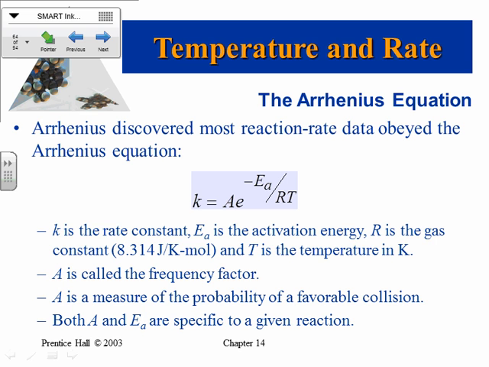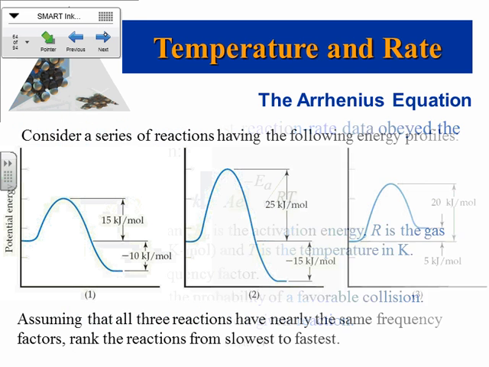Ea is the activation energy, which we've already talked about. R is just the gas constant, and T is temperature. So there's your equation. The one you're typically going to be solving for in this type of equation is the activation energy.